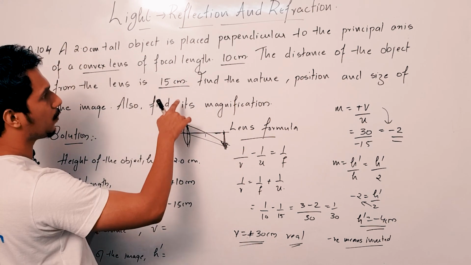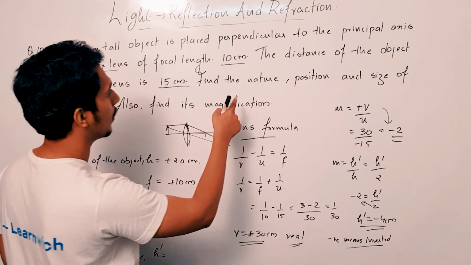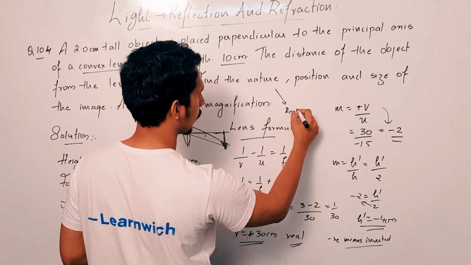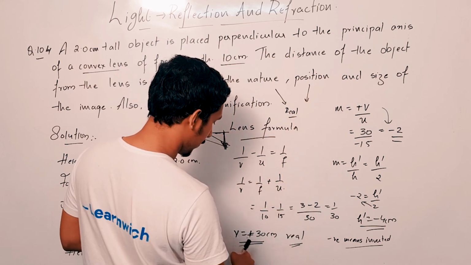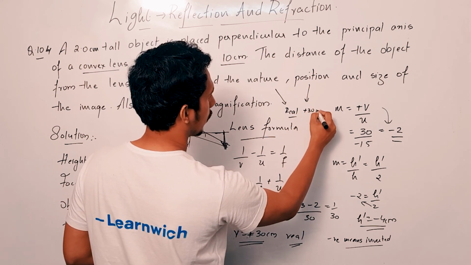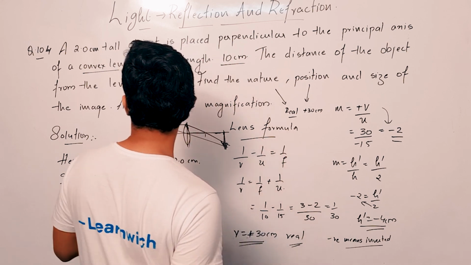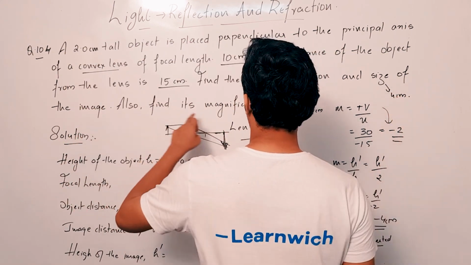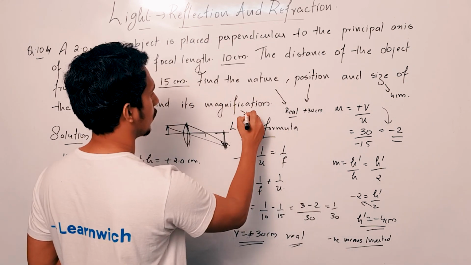So what are the things we'll write? The nature, it is real. Position, v is equal to 30 centimeter to the right of the lens. Size of the image is 4 centimeter, and magnification is 2.